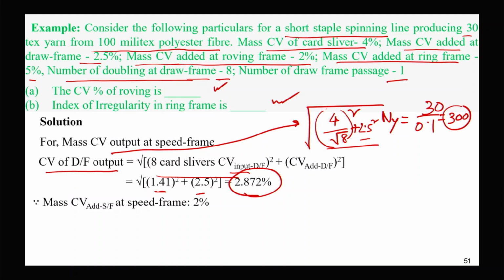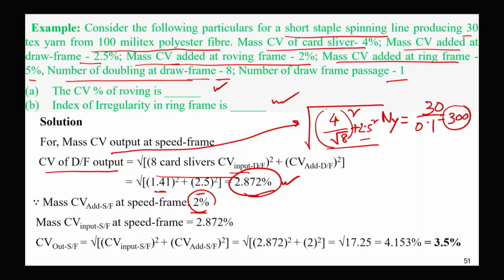Next, the mass CV added at speed frame, that is roving frame, is given 2%. So this is input of roving frame 2.872 and added 2%. So mass CV of roving speed frame output, that is roving, using the same relationship we will get 3.5%.